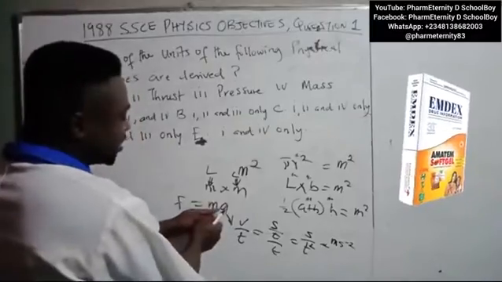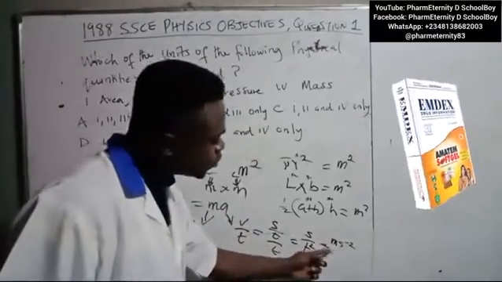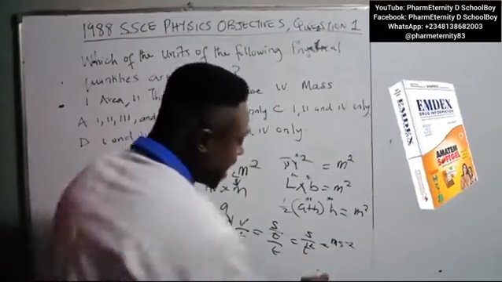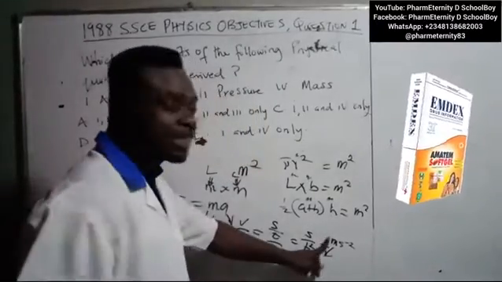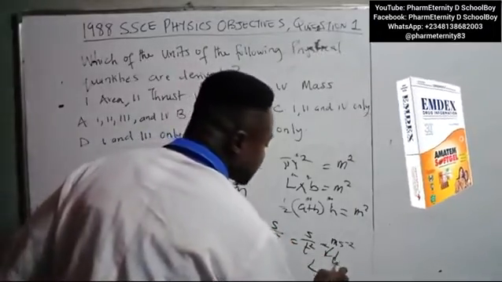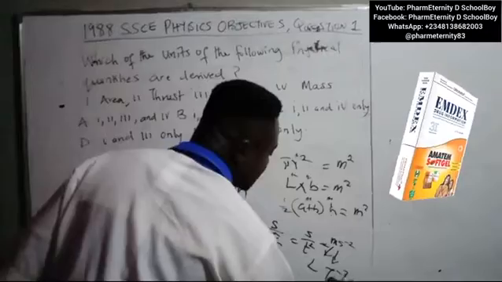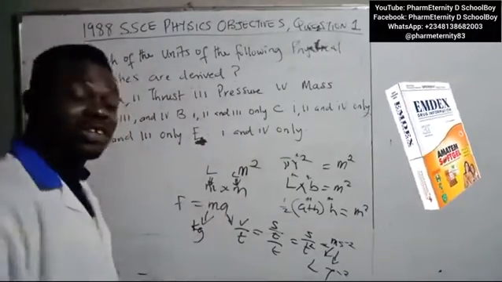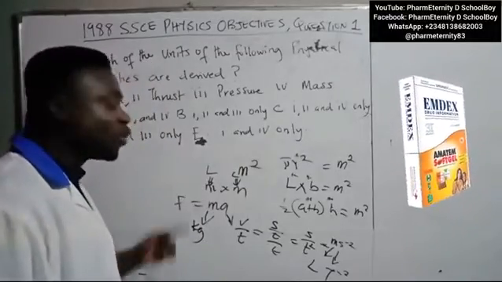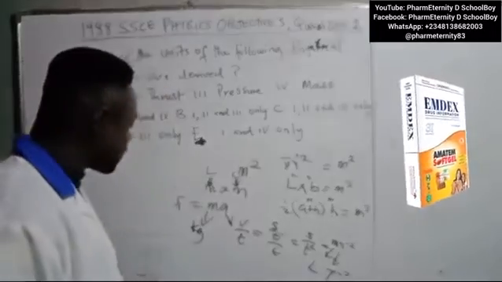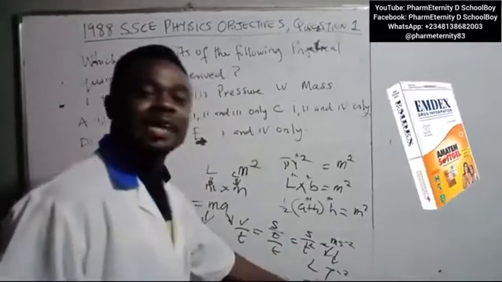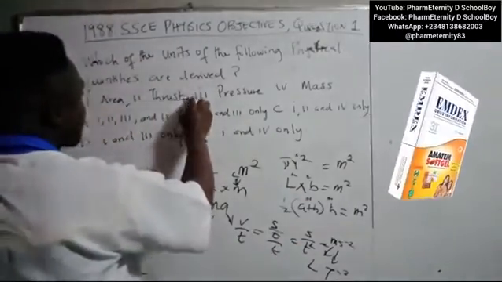As you can see, acceleration is derived from two fundamental quantities: length, whose SI unit is meter, and time, whose SI unit is seconds. So this is L per t squared. Acceleration is a derived quantity. Mass is a fundamental quantity. That means force is a derived quantity from mass, kilogram, length, meter, and time, second. So thrust is a derived quantity.